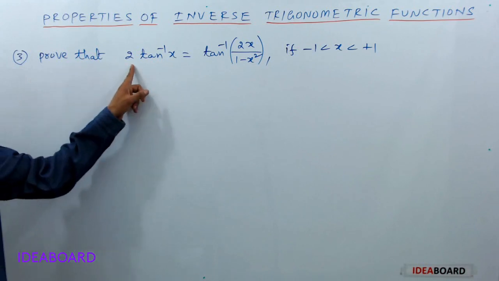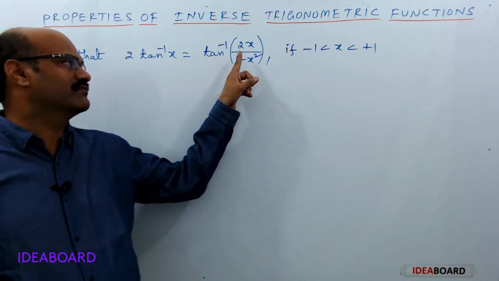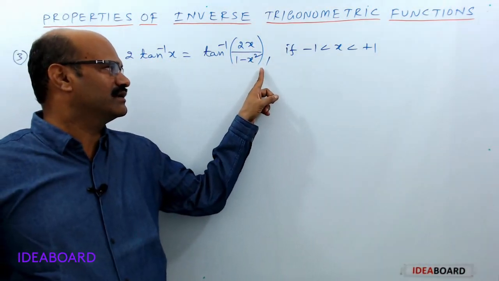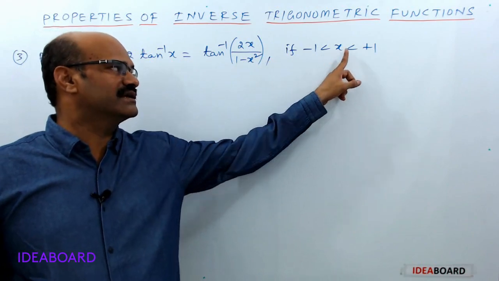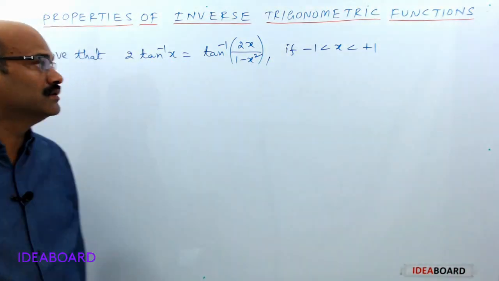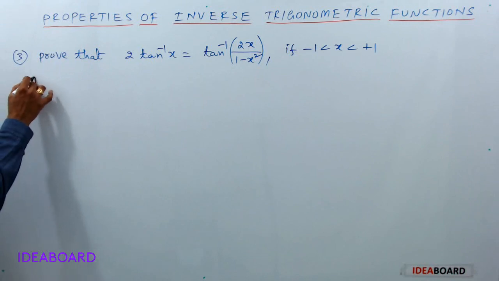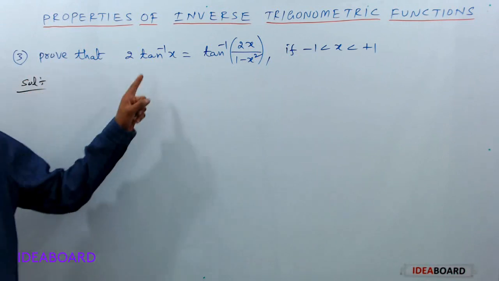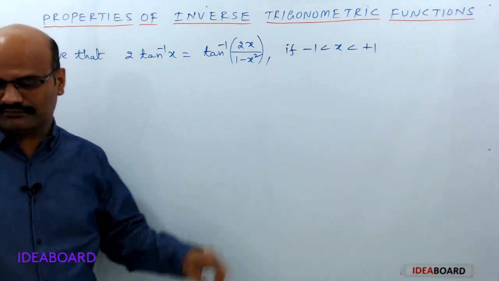Next one. Prove that 2 tan inverse of x equal to tan inverse of 2x by 1 minus x square if minus 1 less than x less than plus 1. Solution. Let tan inverse of x equal to a.